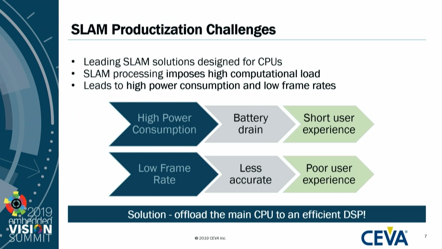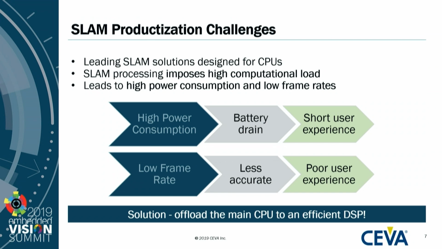Current leading SLAM algorithms were developed and designed for CPUs and require huge computation power. They involve many image processing and linear algebra operations that also require large DDR traffic. Such intensive processing results in low frame rate and high power consumption.